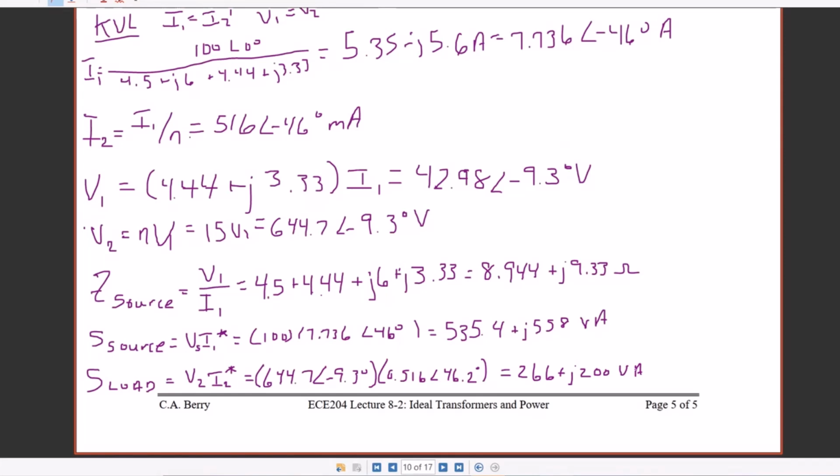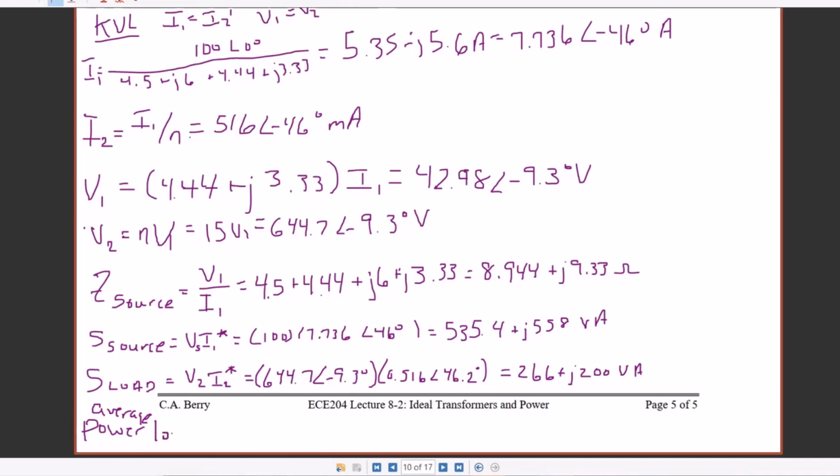So remember, law of conservation of energy, power delivered equals power absorbed. That tells you that since those two numbers are not the same, we've lost some power somewhere. And where the power is lost is in the feeder line. So we would say, and this is now average power, okay?